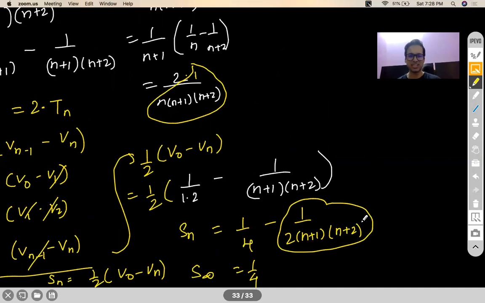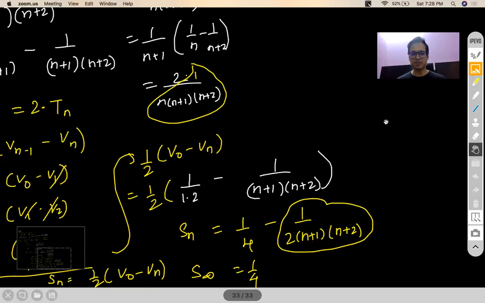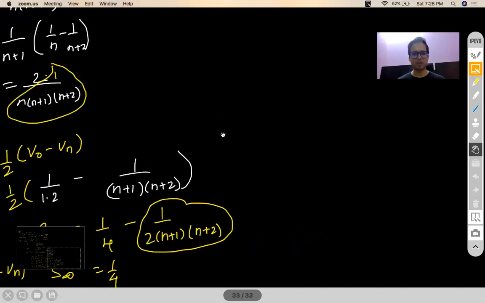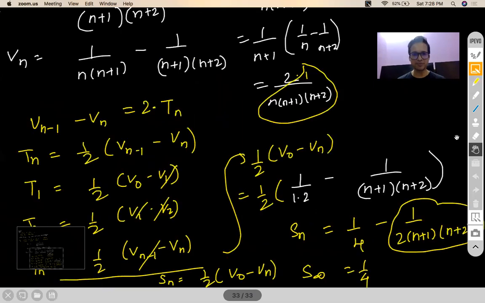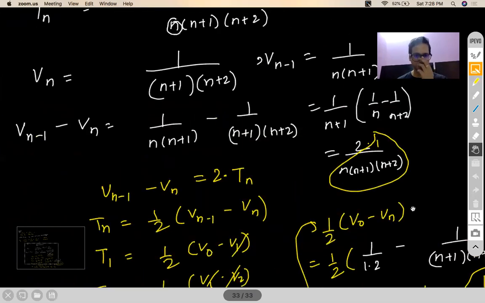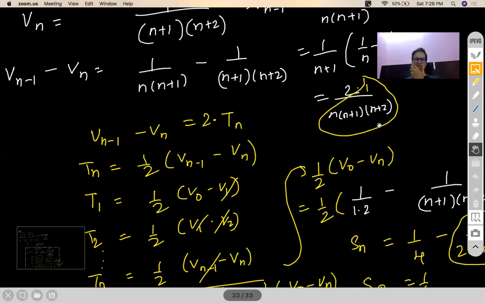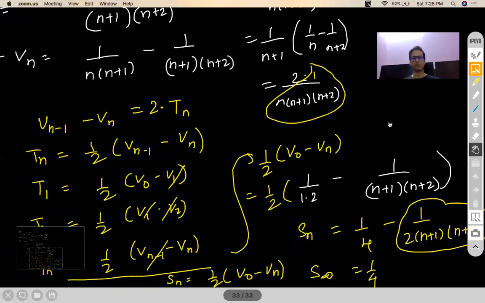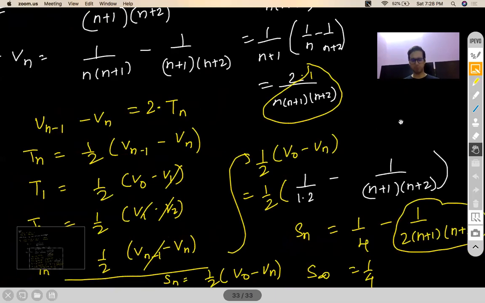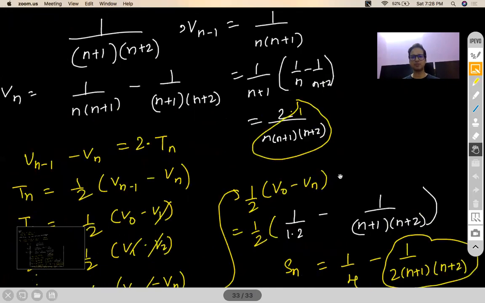Now is there any shortcut for this? Yes, there's a shortcut for this. I'll give you a shortcut. I hope you have copied this down. Okay.